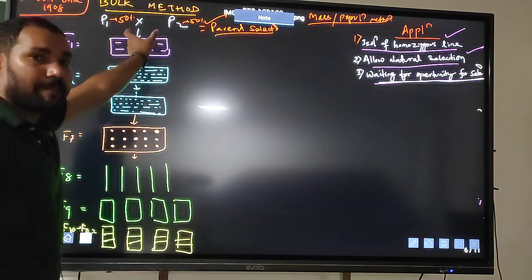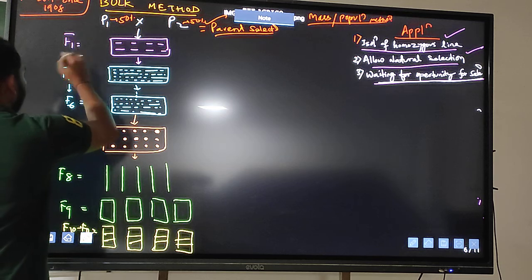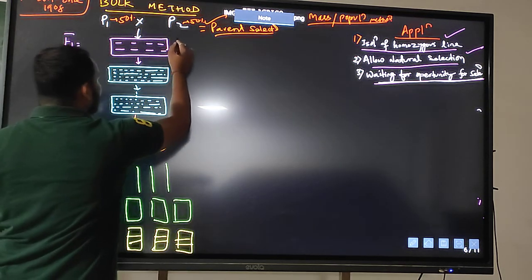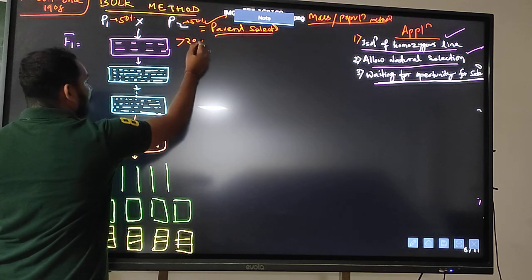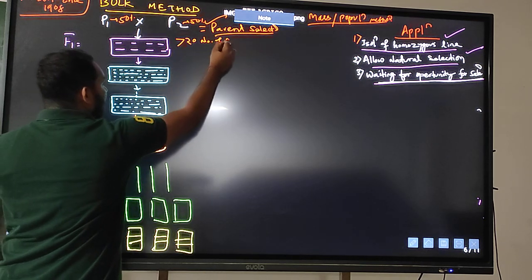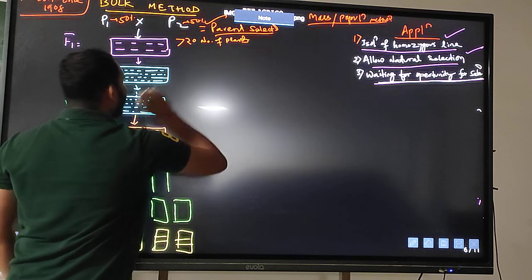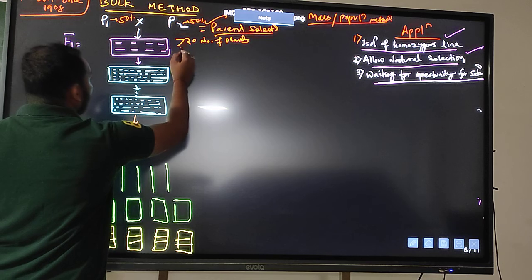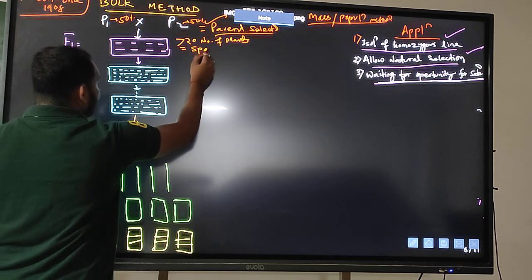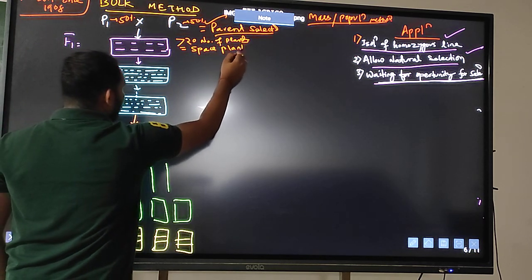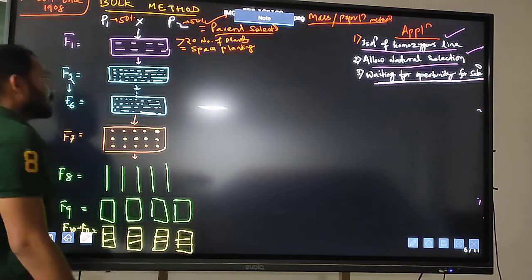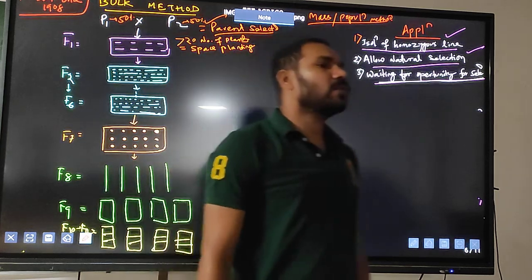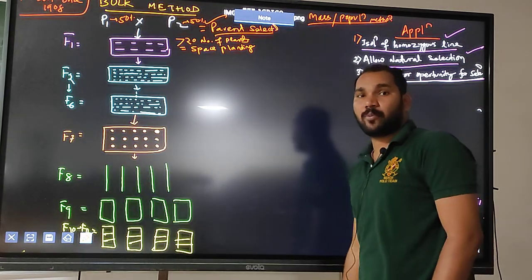So after crossing the parents, I will get the F1 plant. Now I will take more than 20 plants in the F1 generation. In the F1 generation, I will go for space planting. I have already told why we go for space planting in F1 generation.